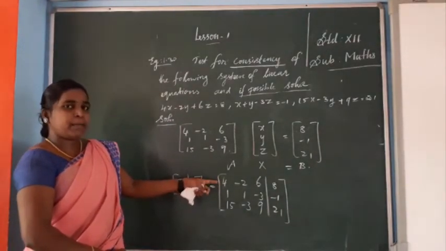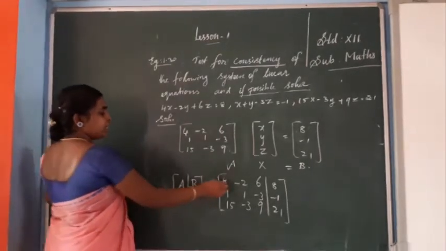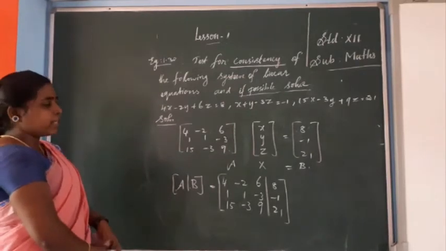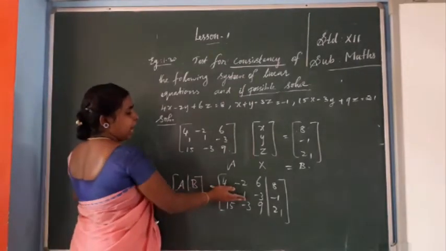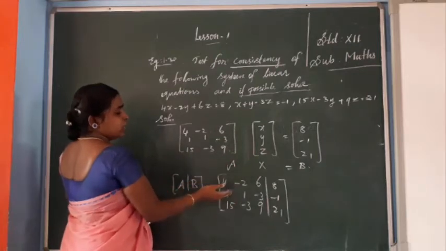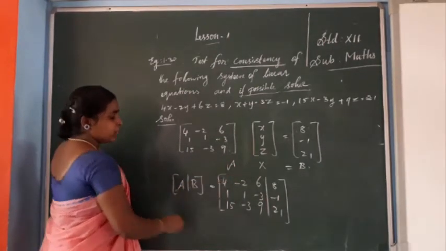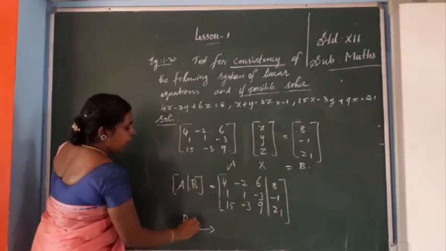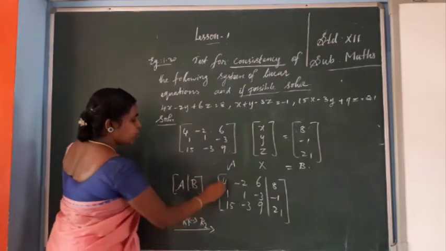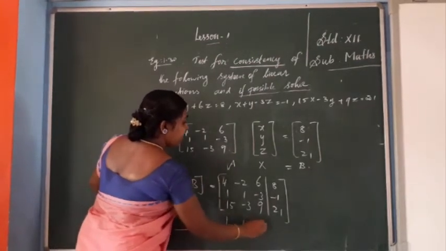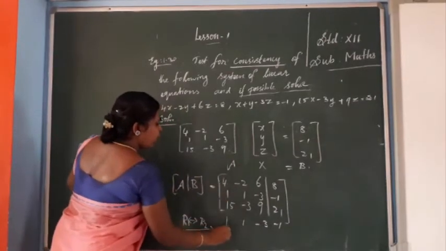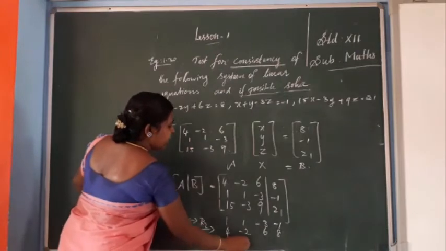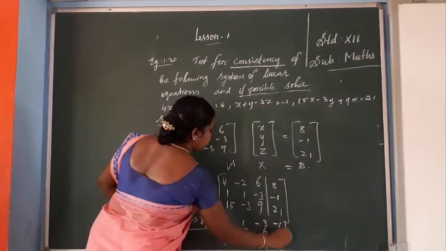Actually, the non-zero element is there, but for our convenience, if 1 is there instead of 4, we can solve the next steps easily. So I am going to interchange R1 and R2, so R1 gives R2, R2 gives R1. So you see here 1, 1, minus 3, minus 1. Second row is 4, minus 2, 6, 8. Then third row is 15, minus 3, 9, 21.